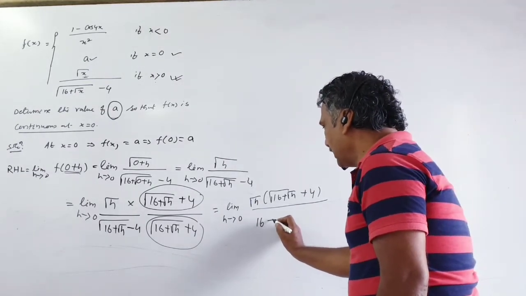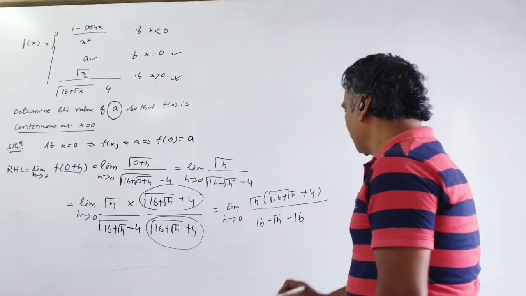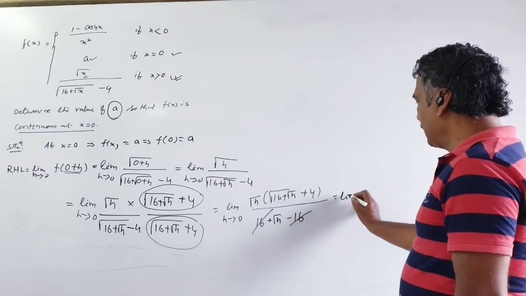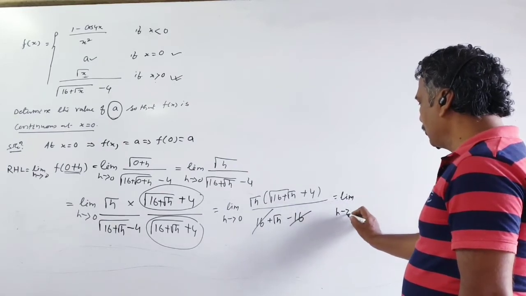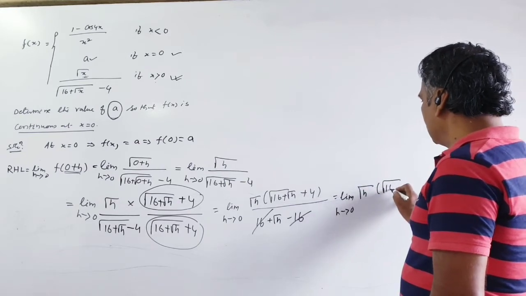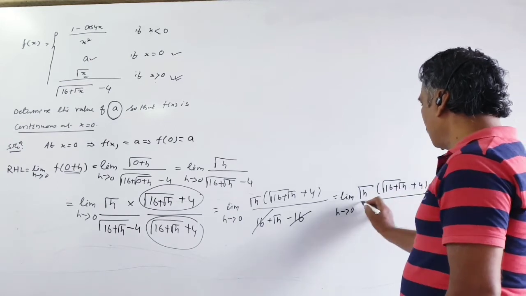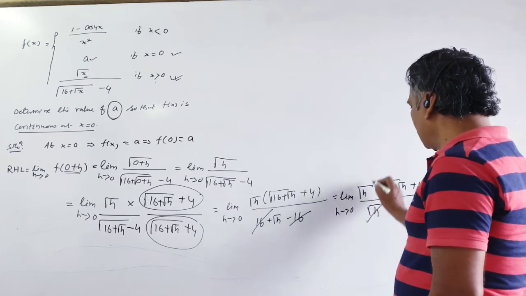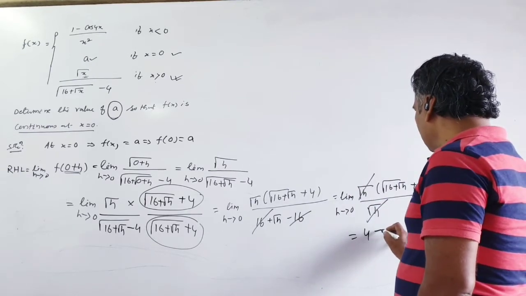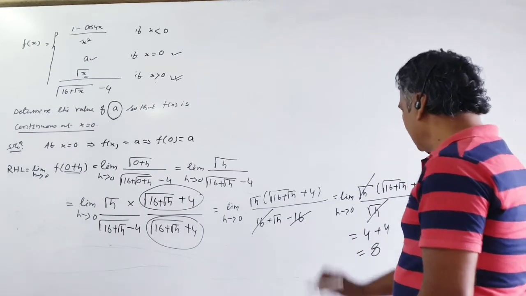So 16 plus root x minus 16. The 16 minus 16 cancels out. Now the limit as x tends to 0 of root x times root of 16 plus root x plus 4, divided by root x. Now root x cancels out. When x tends to 0, root of 16 is 4, plus 4 equals 8.